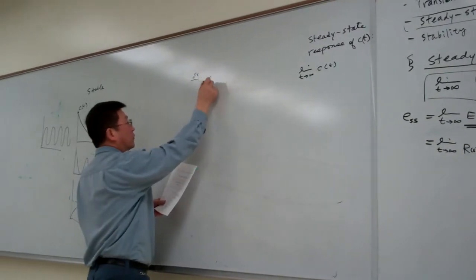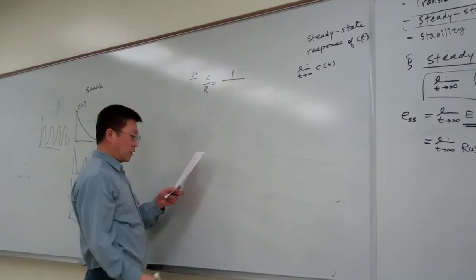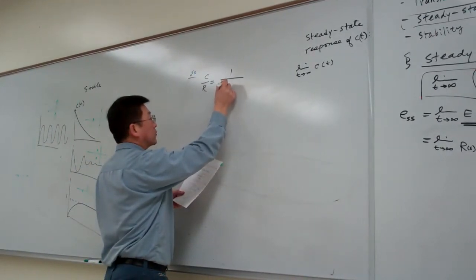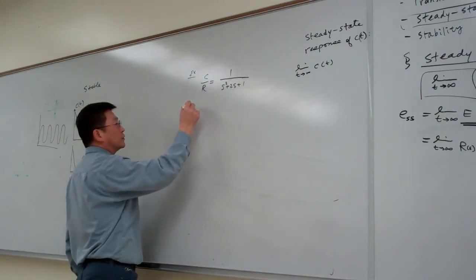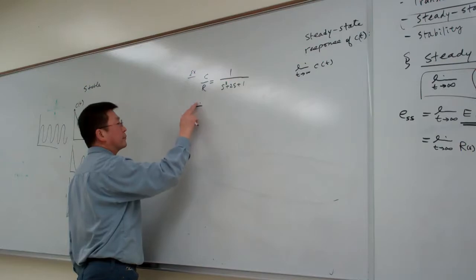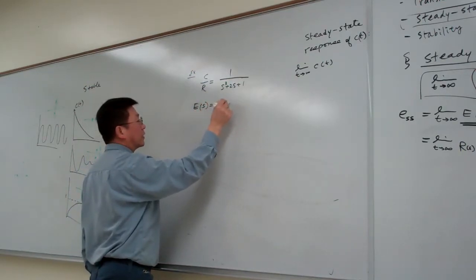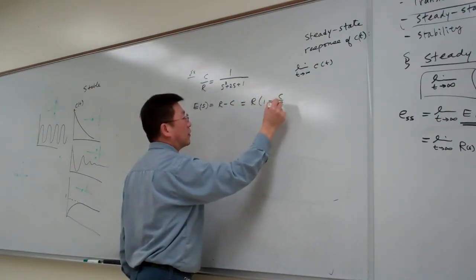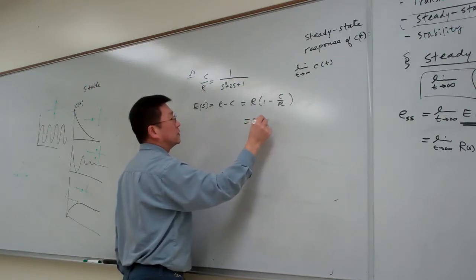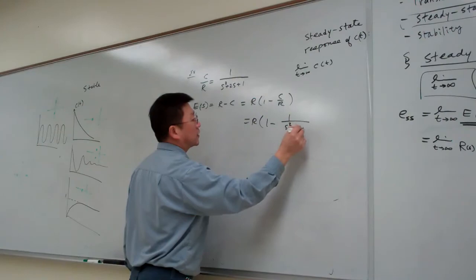For example, C over R equals 1 over S squared plus 2S plus 1. We want to calculate, let me define E of S equals R minus C. That is R times 1 minus C over R, so R times 1 minus 1 over S squared plus 2S plus 1.